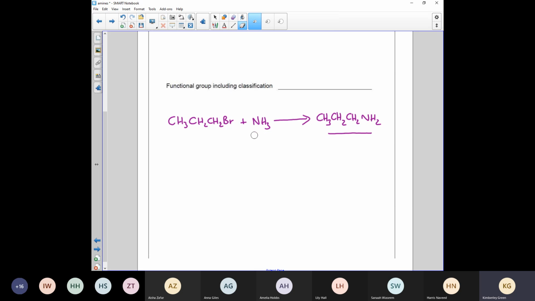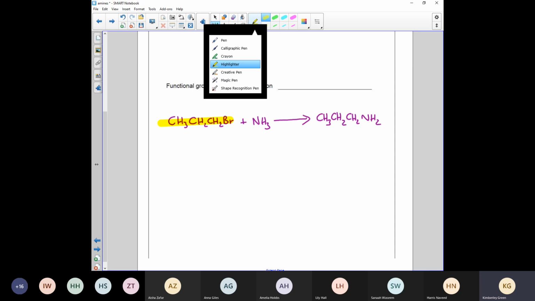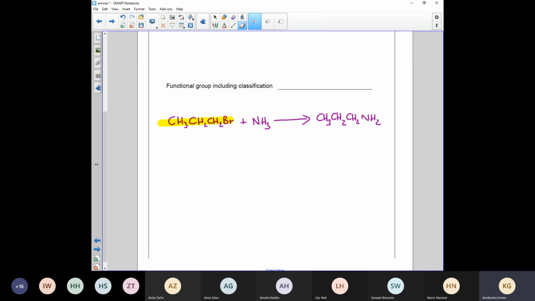Right, so this time I've changed, it says other conditions, and we said this time that our halogenalkane is in excess. So what's going to happen with that then? Eventually, because the halogenalkane is in excess, we're going to run out of ammonia.